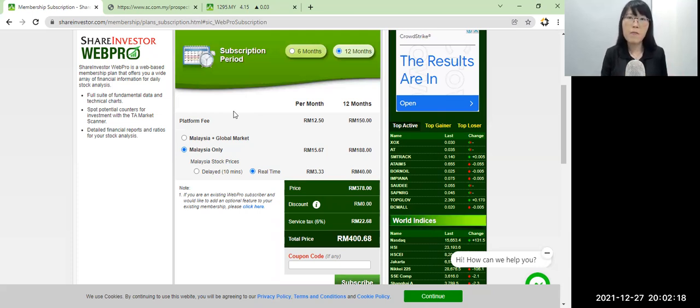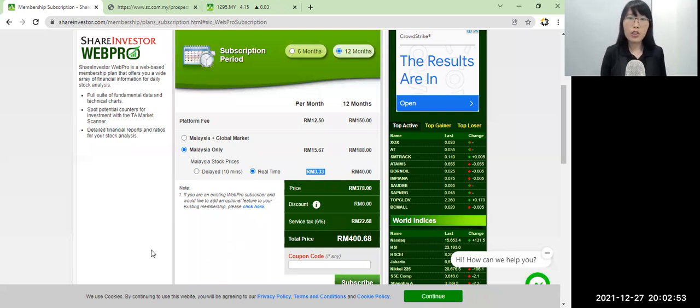For this, you can choose Malaysia data only, for real time. I encourage you to take the real-time data, because you just add 40 ringgit to it only. Not much, okay? If you want the delayed data, then it's free. But I encourage you to take the real-time data.